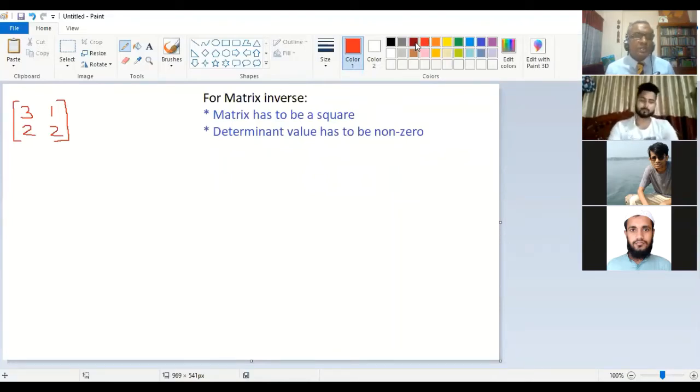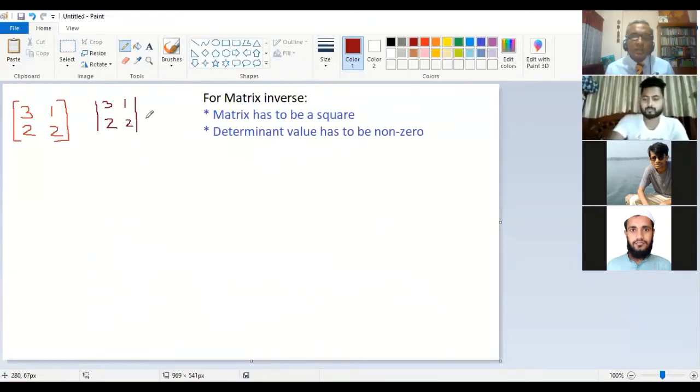When it is a square matrix, the determinant will be written in the same way, but it is not a bracket, just vertical lines. The difference is that in the determinant, on the left side and right side there are two vertical lines, not the bracket.